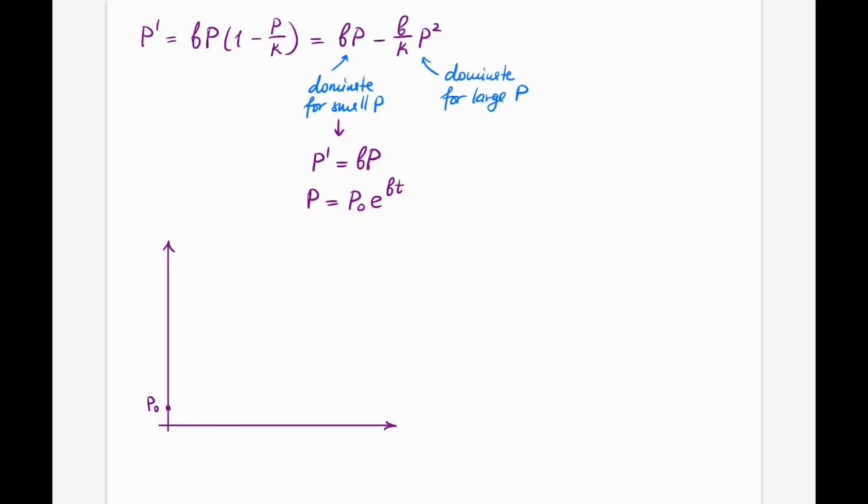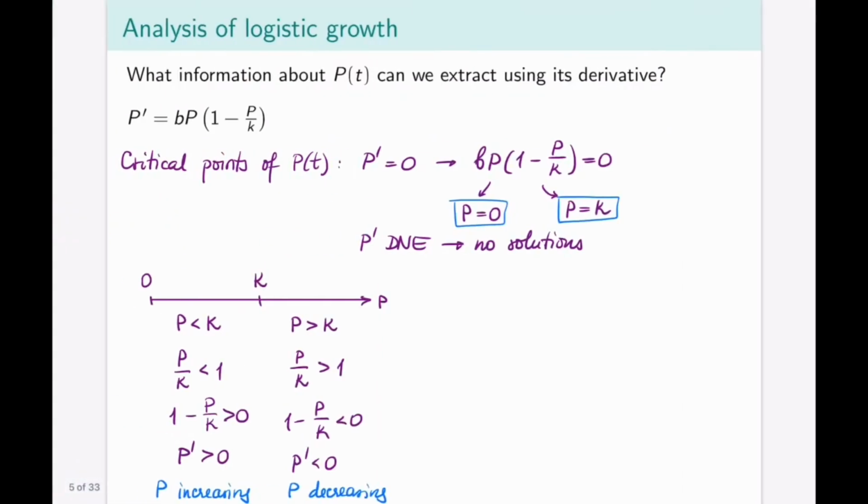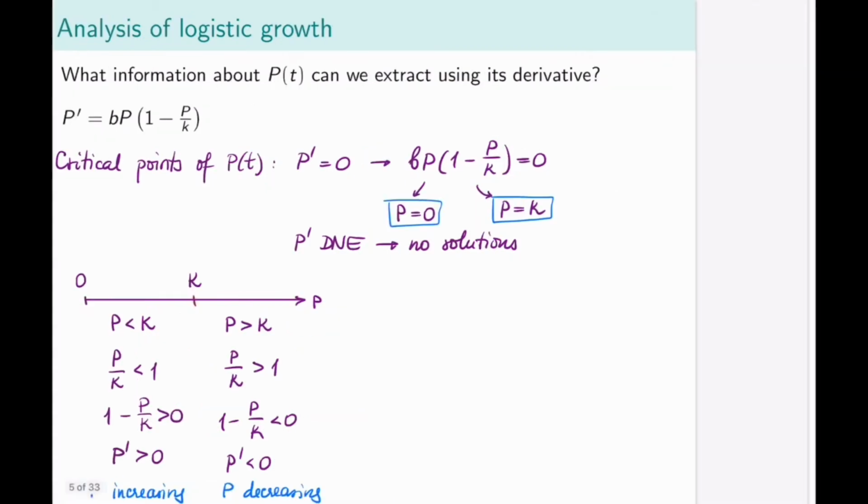If I start large, so if my initial population is up here, again, based on the previous information, I know that after a certain point k, my function is going to be decreasing. And it's in fact going to be decreasing exactly after k and exactly before k.